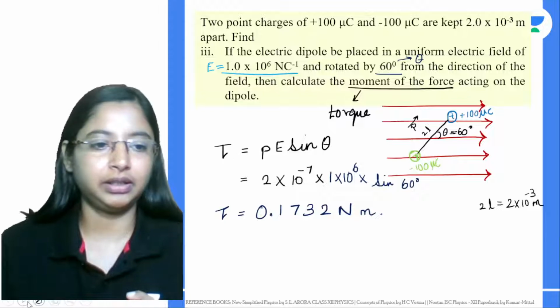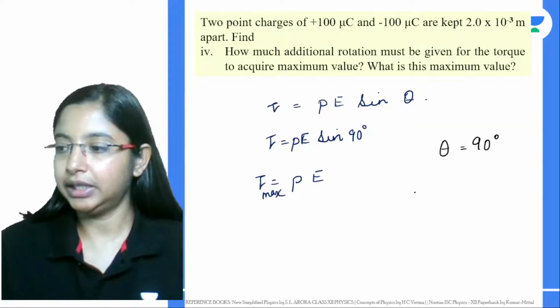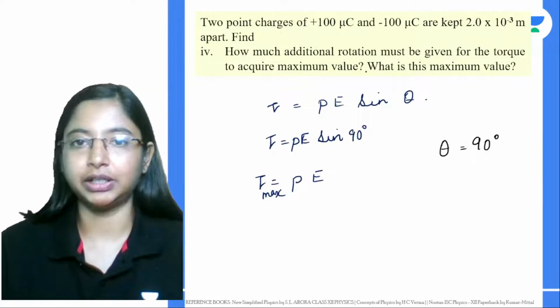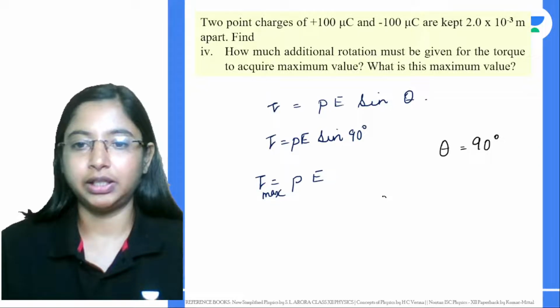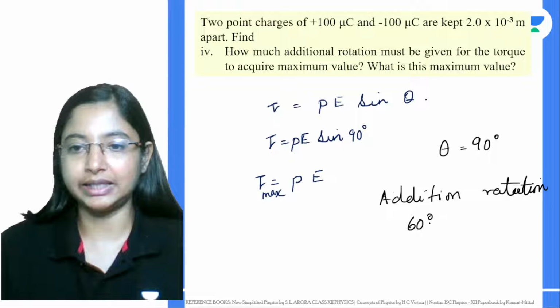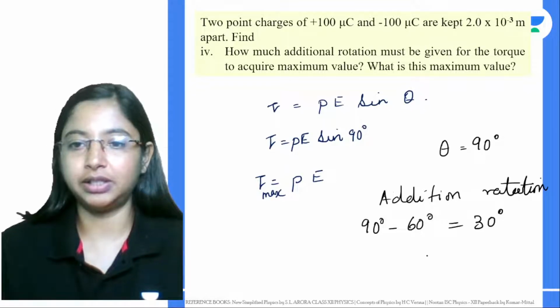Now if you want 90, then for the additional rotation we already know 60 degrees is there, and maximum torque is at 90 degrees. So 90 degrees minus 60 degrees is 30 degrees. The dipole must be given an additional 30 degrees rotation.